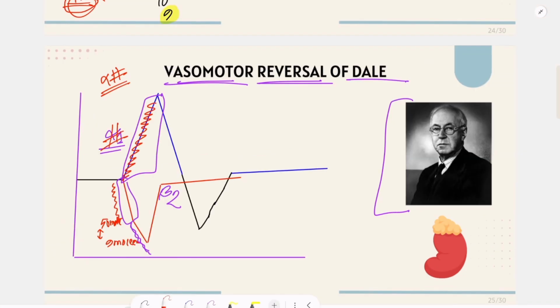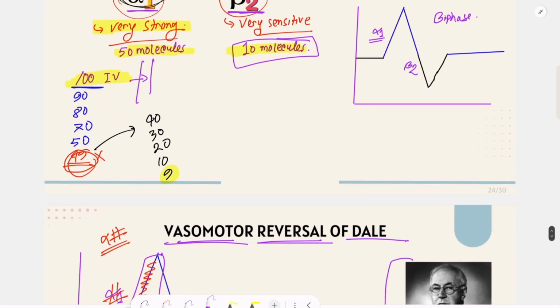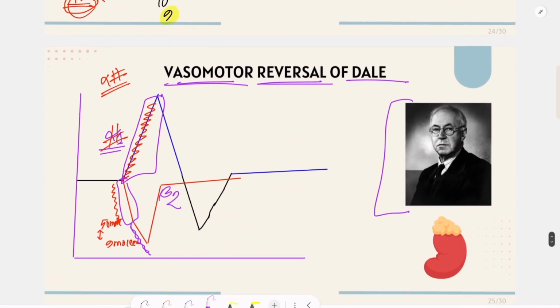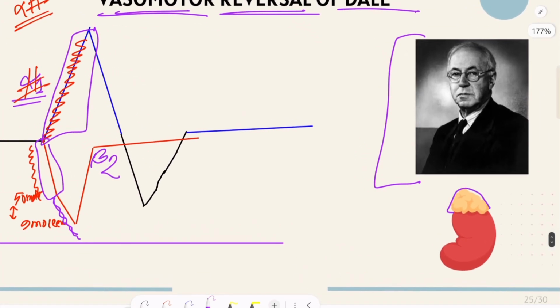But why are we learning about this vasomotor reversal of Dale? We are discussing here the role of adrenaline by the IV route. But previously we said that we do not usually use IV adrenaline because it is very toxic by the IV route. So what is the clinical importance of learning this vasomotor reversal of Dale? Here we know that we have the adrenal gland above the kidney, and this also secretes adrenaline and noradrenaline.